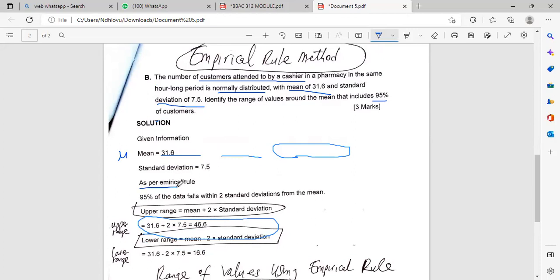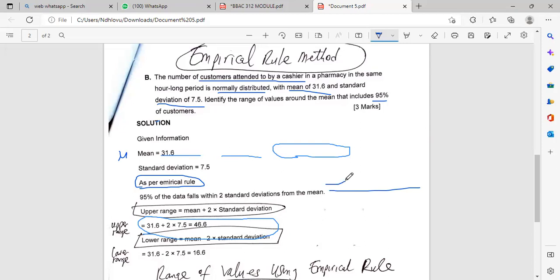Now, even if they didn't mention it in an exam, we're supposed to use the empirical rule. As per the empirical rule, 95% of data falls within 2 standard deviations of the mean.